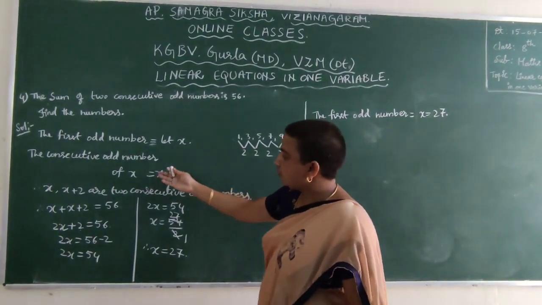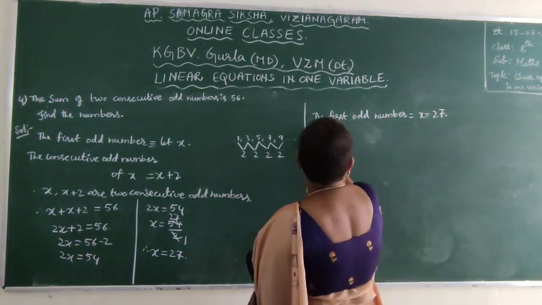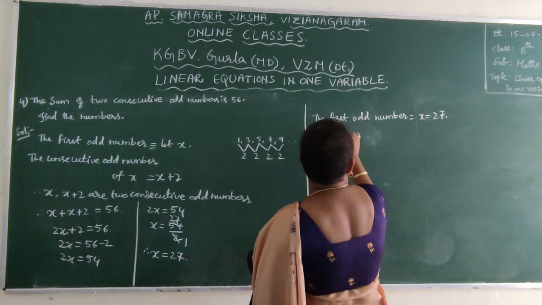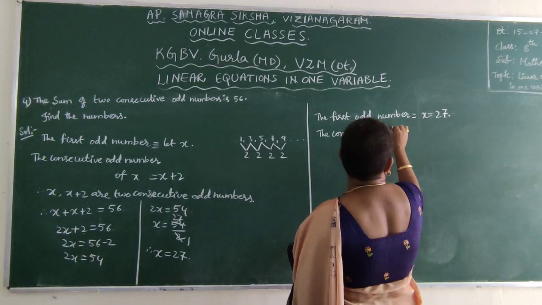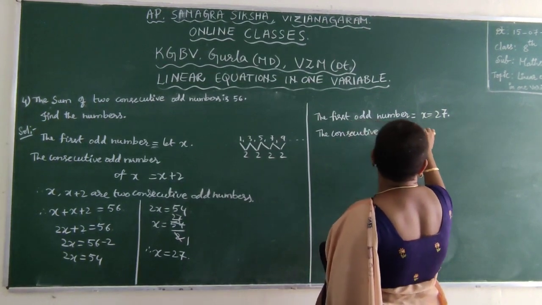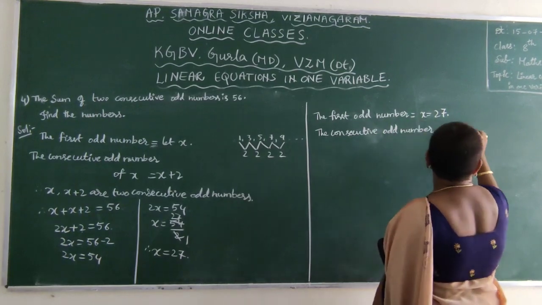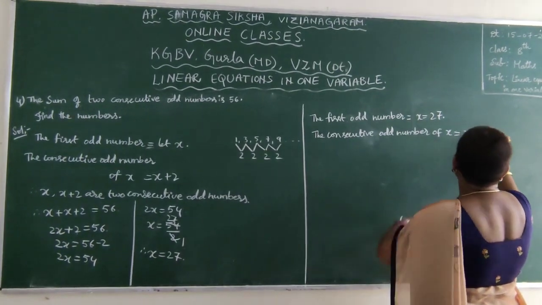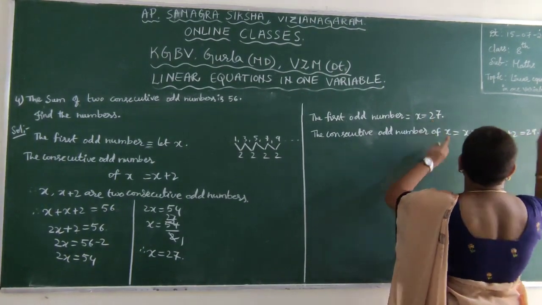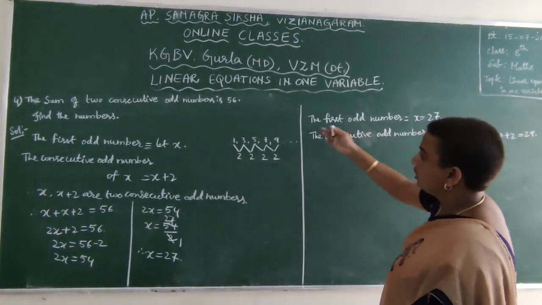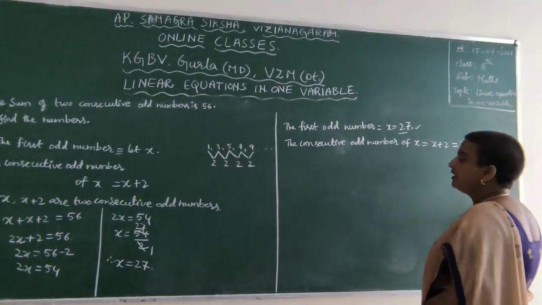The consecutive odd number of x is x plus 2. That means 27 plus 2 is equal to 29. Therefore, the two consecutive odd numbers are 27 and 29.